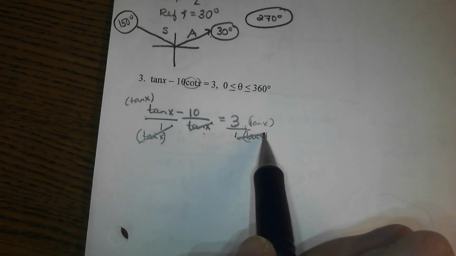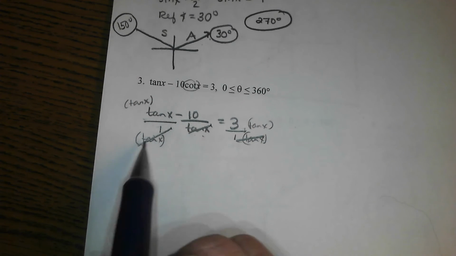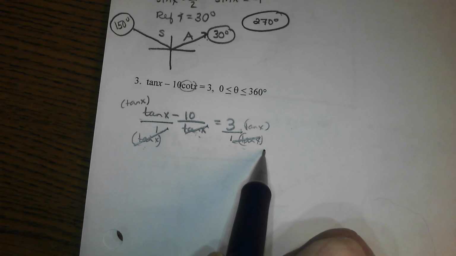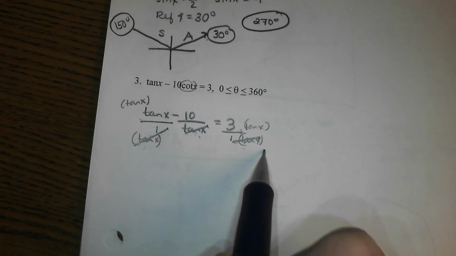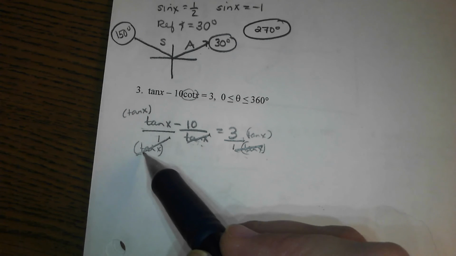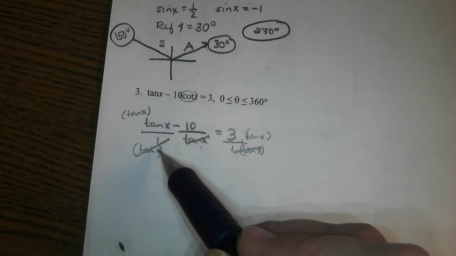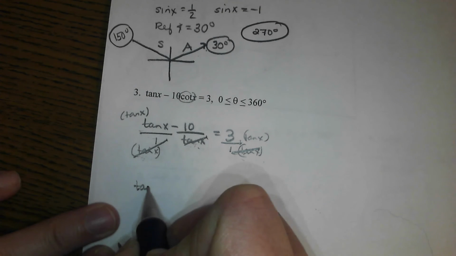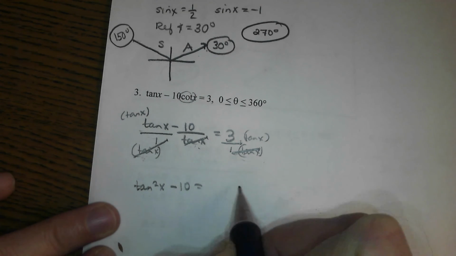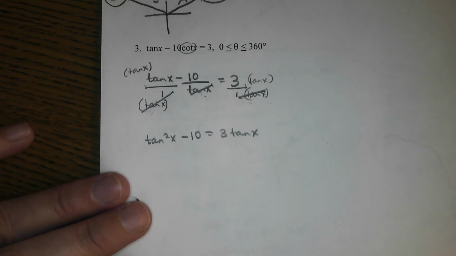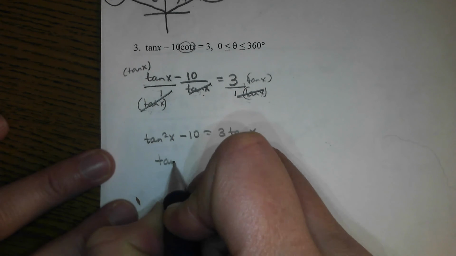However, I will tell you, if we get an x value that would have made that denominator 0, we have to reject it. Do you remember that? Like excluded values. So at the very end, when we figure out what we think our x is equal to, we need to make sure that none of those x's make the tan of x 0, because if it does, we have to reject it. Other than that, our equation just becomes tan squared x minus 10 equals 3 tan x, and it's a traditional quadratic. So subtract that 3 tan x over.